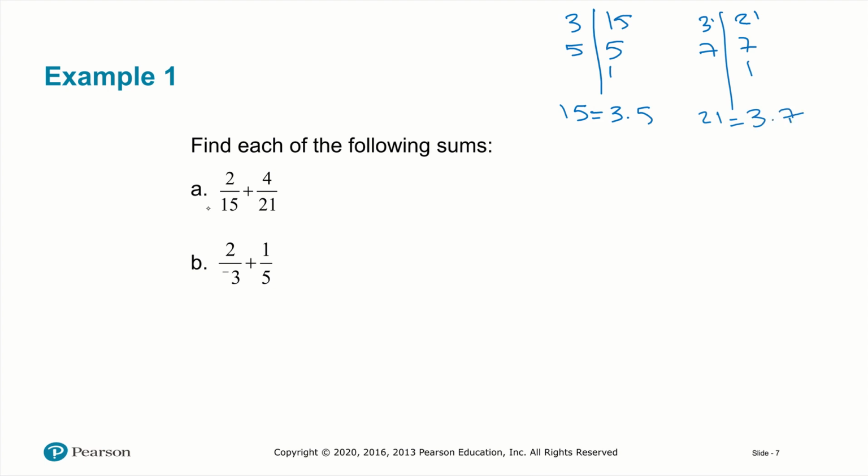So using our LCM algorithm, we find the LCD, which is the least common denominator, to be: we need a 3, we need a 5, and we need a 7. Remember, just multiply the highest power of every factor that you see in both factorizations. So 3 times 5 times 7, you never want to repeat.